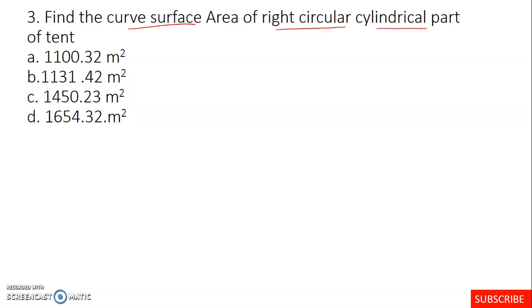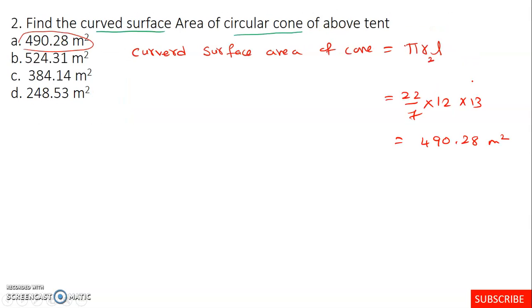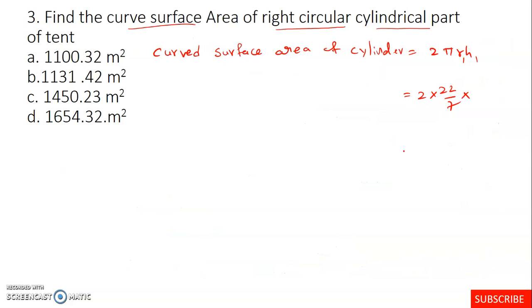Now, third question, you have to find the curved surface area of the right circular cylindrical part of the above tent. Curved surface area of the cylinder formula is 2 pi RH. We named it as R1 and H1 in the first question. 2 means 2, pi means 22/7, R1 is 12, H1 is 15. 12 into 15.